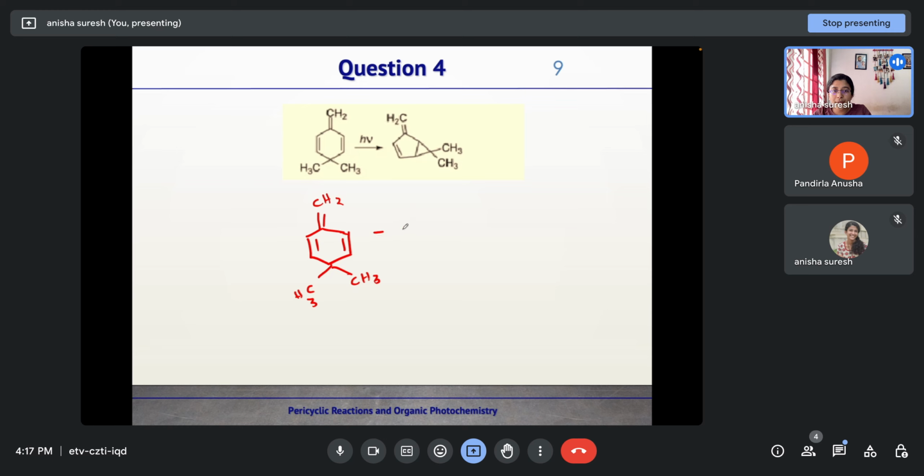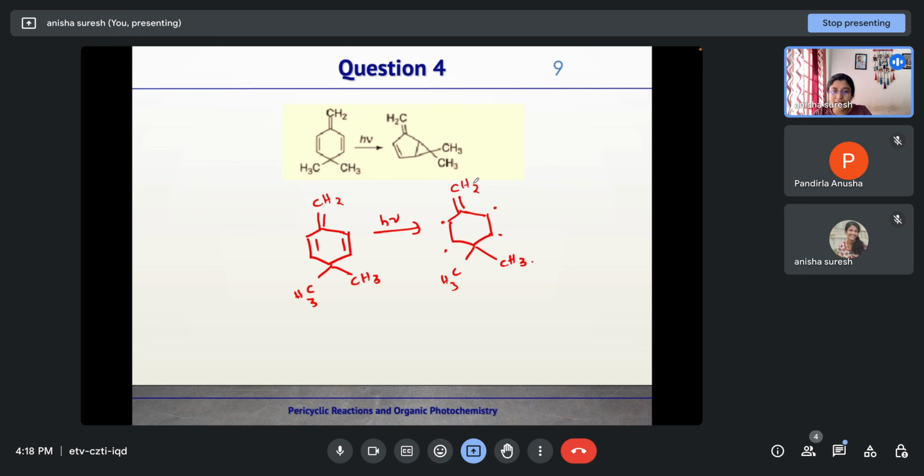So under photochemical condition, this will lead to formation of diradicals on both of these alkenes. Here also there is possibility, but it will be primary radical.